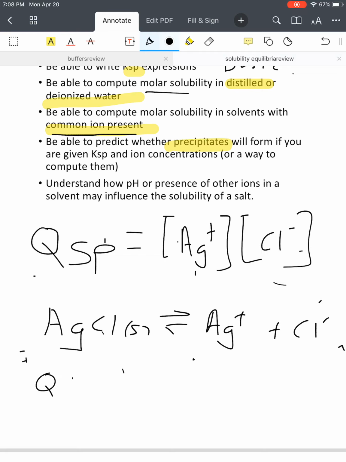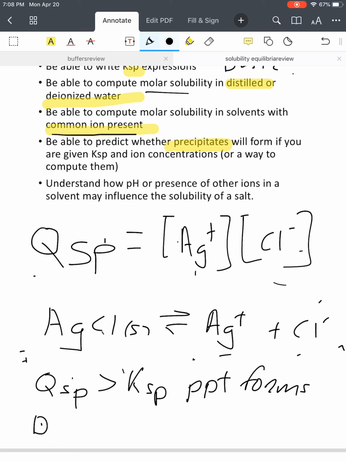And then you can compare QSP with KSP. If QSP is bigger than KSP, a precipitate forms because you have too many of the ions. If QSP, on the other hand, is less than KSP, no precipitate forms. Okay, so this is how you can basically tell.